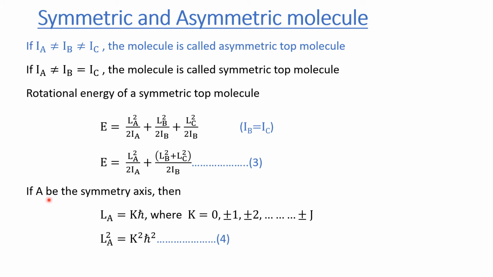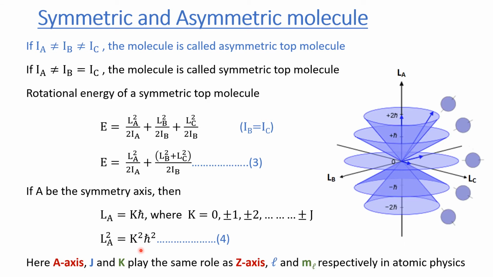And of course, if A is the symmetry axis, there is a particular orientation or quantized projection of the moment about the symmetry axis, which we represent by L_A, and that is equal to K h cut, where this K is equal to 0, plus minus, up to plus minus J, and this L_A square will be equal to K square h cut square.